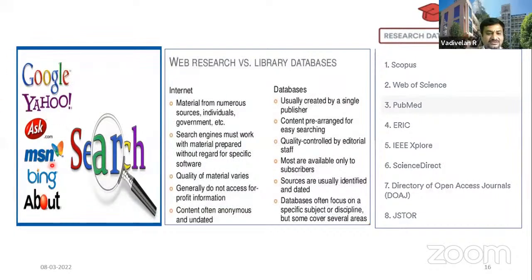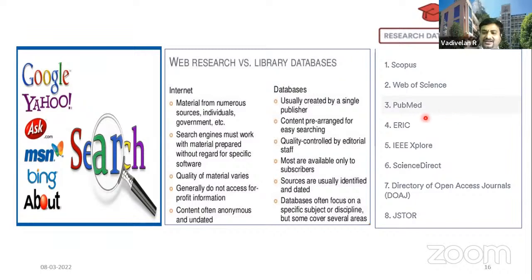Other than that, there are so many search engines available, like MSN, Microsoft Bing, Ask. And if you see the research databases, I have highlighted only eight. The most used are Scopus and Web of Science. These are the two most important ones used worldwide.